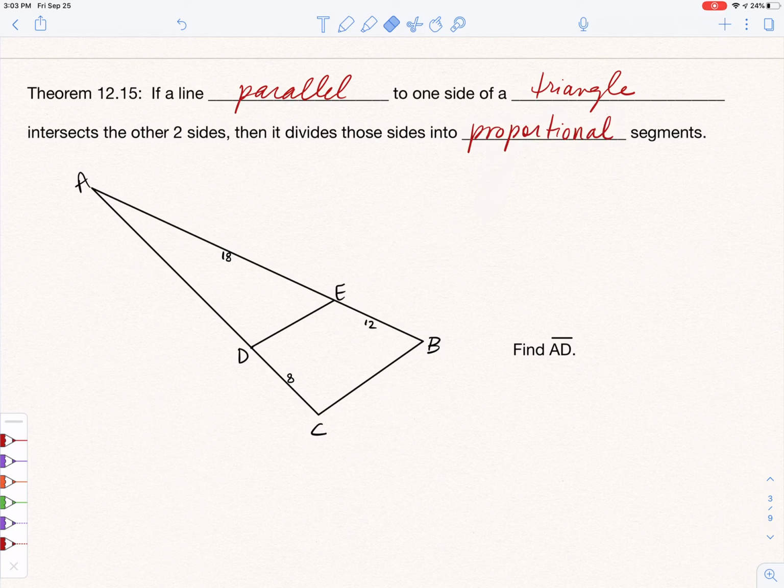So again, what we've got here, if I have these two that are parallel to each other, it divides the sides into proportional segments, that line that's inside the triangle.